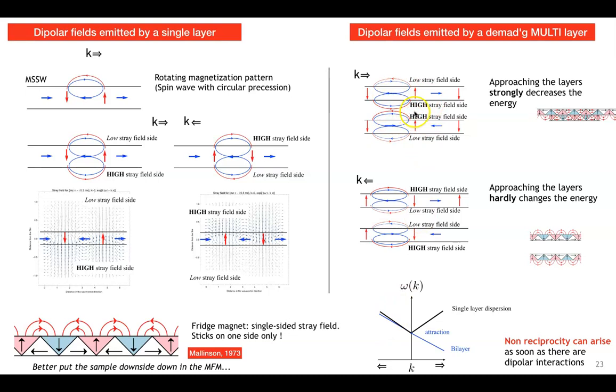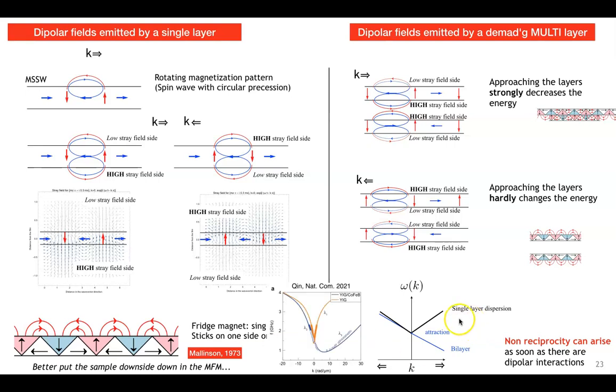But in the other case, because there is this dipolar interaction that reduces the energy, you reduce the energy of the system, and you will end up in a situation that is non-reciprocal, where the frequency of a spin wave with positive wave vector will not be the same as with negative wave vector. So non-reciprocity. And I want to emphasize that when you have multilayers, you have dipolar coupling between the layers. And so the general situation is that the dispersion relation of spin waves in a complicated system will be non-reciprocal.